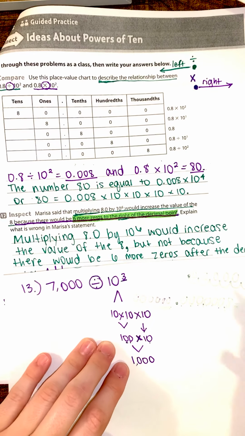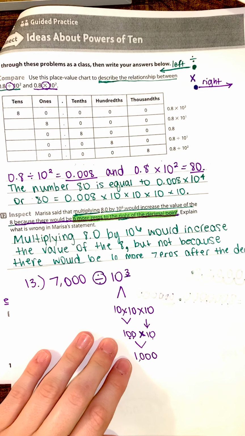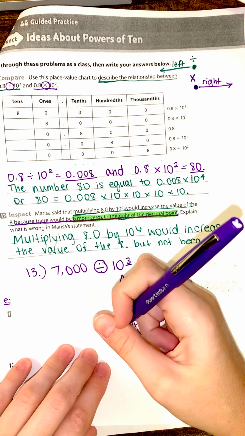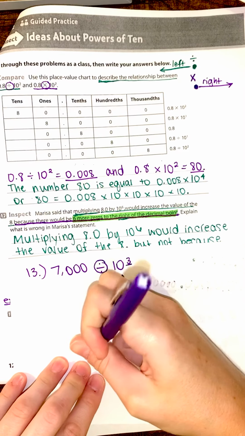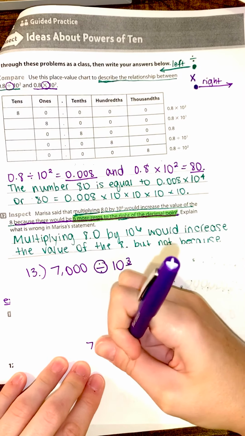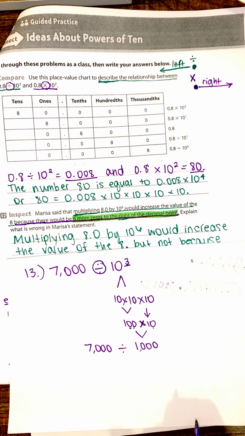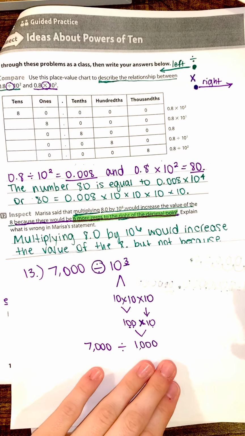Okay. So now what we need to figure out is, what is 7,000 divided by 1,000? 7,000 divided by 1,000.